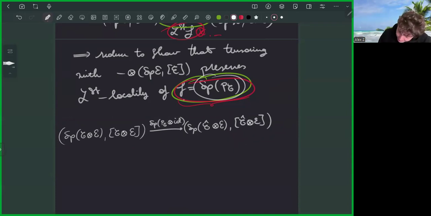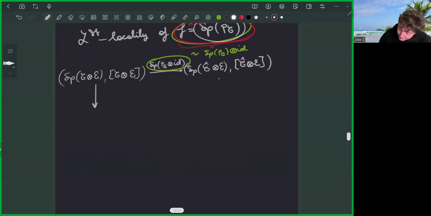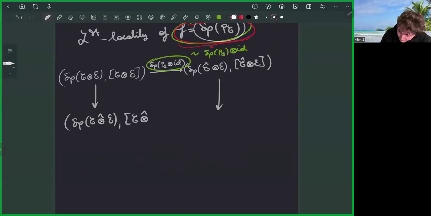Let me just note that this thing here on the top is the same as SPPC tensor identity, by bimonoidality of this tensor product. So you can identify this morphism with this thing. And then you have vertical maps, and the vertical maps are just, again, the completion functors, like the completed tensor product, and here also the completed tensor product. Maybe the notation is a bit heavy now.